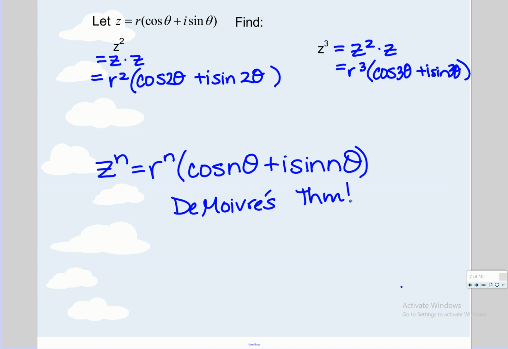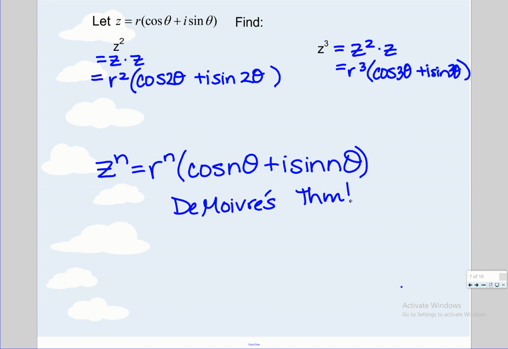So this is really why we have complex numbers in polar form, because this is not fun if I leave it like this. But if I write it in polar form, I can use this nice little pretty formula, and I can take it to very high powers if I want to, and get a very pretty answer and save myself a lot of work. Okay? All right, so let's do that, shall we?